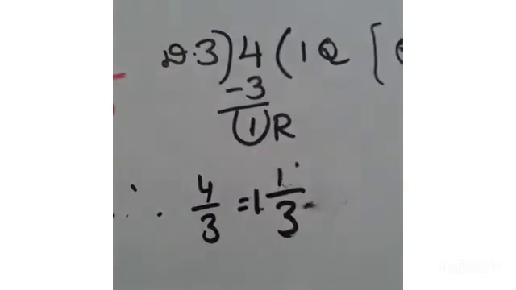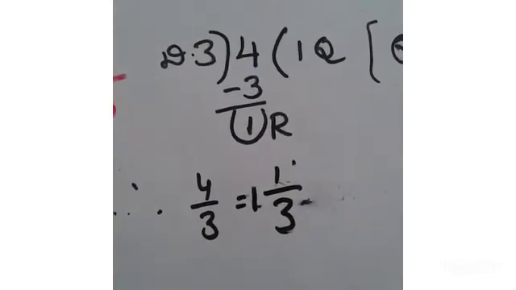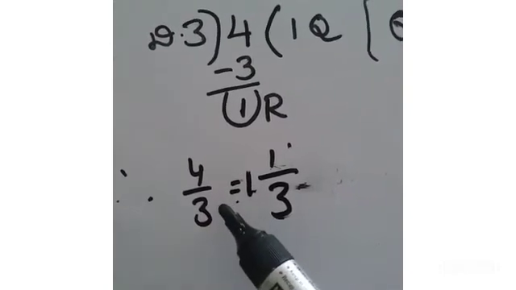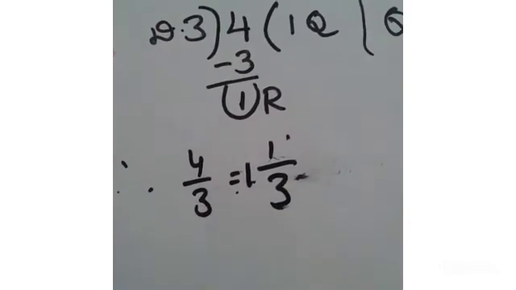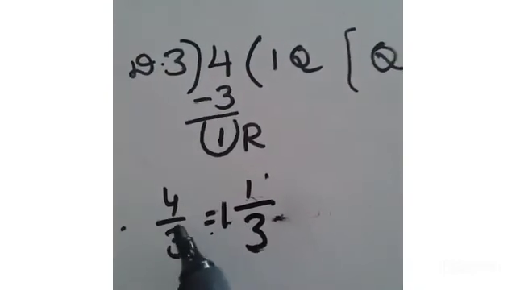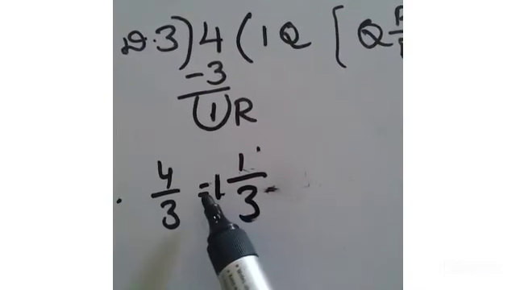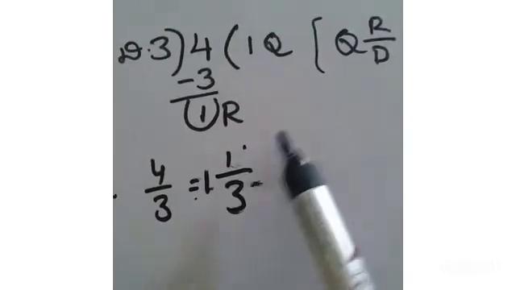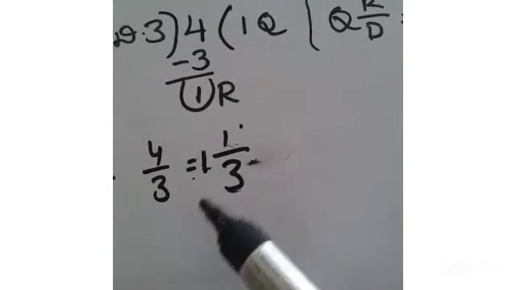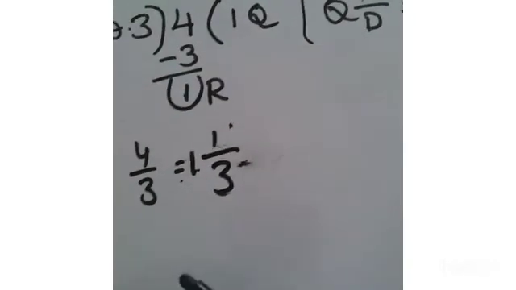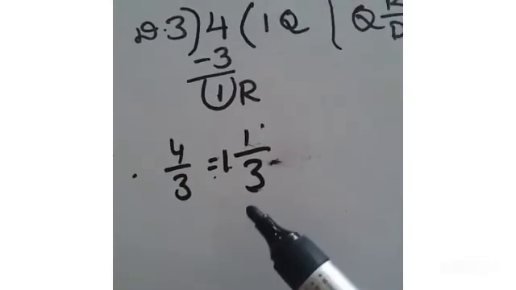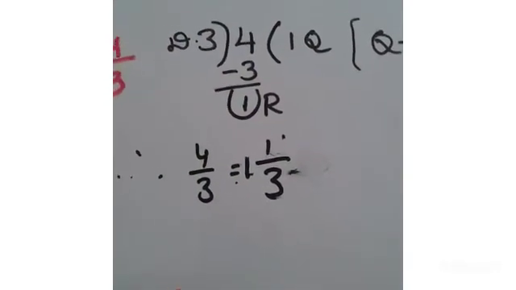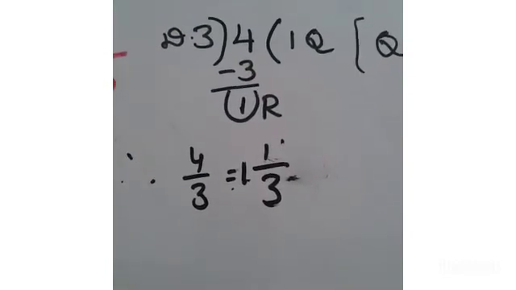The remainder should be written as the numerator. The quotient should be kept aside as the whole number of the mixed number. And the divisor is the denominator. That is how we convert an improper fraction to a mixed fraction.